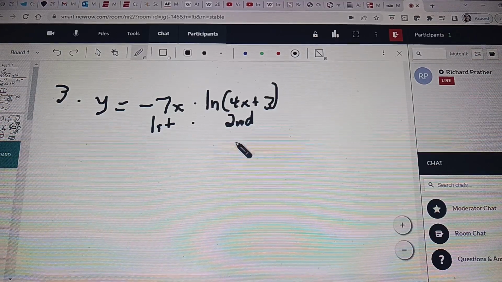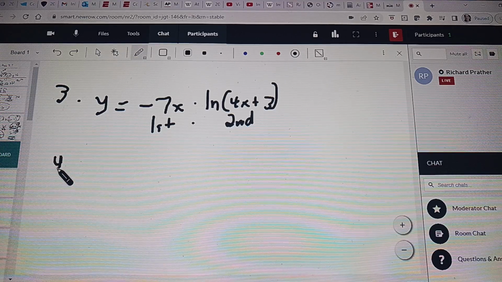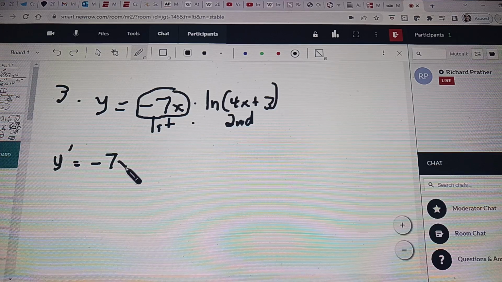I'm multiplying, product, 2 things involving x. If there was no x here, if this was just negative 7 times that, then it wouldn't be the product rule, because then you would just be doing a constant times it. So the derivative of the product rule is first times the derivative of the second.